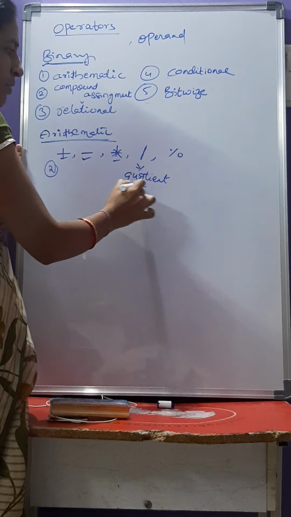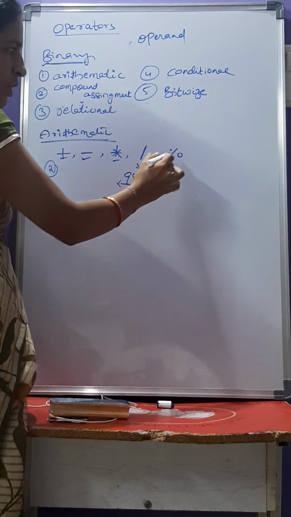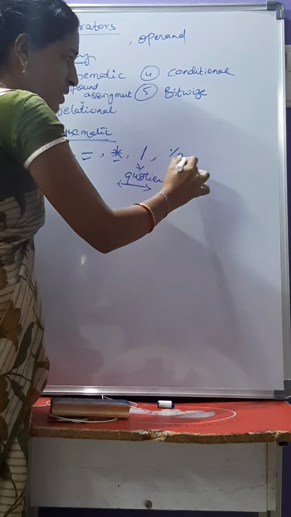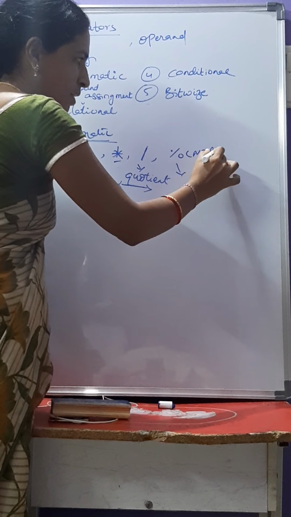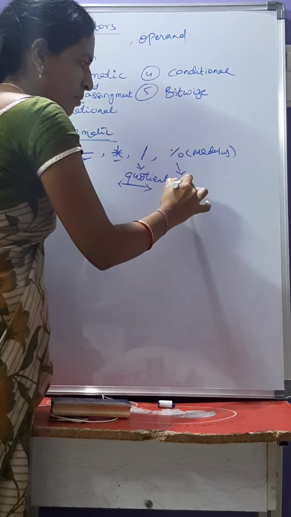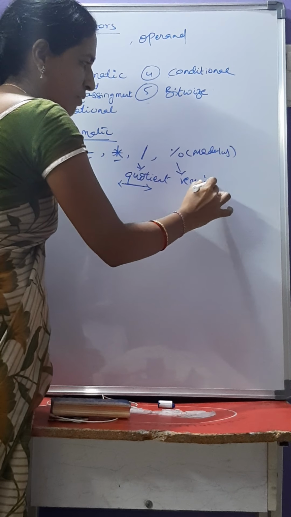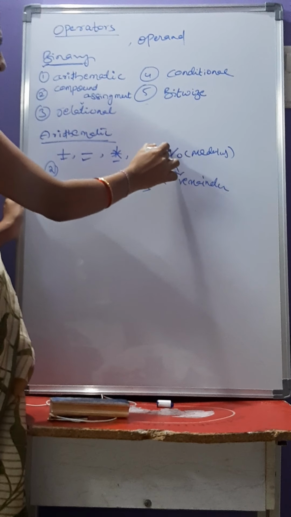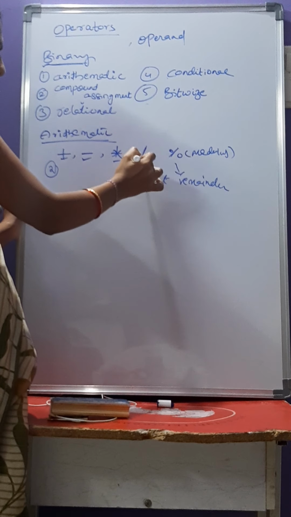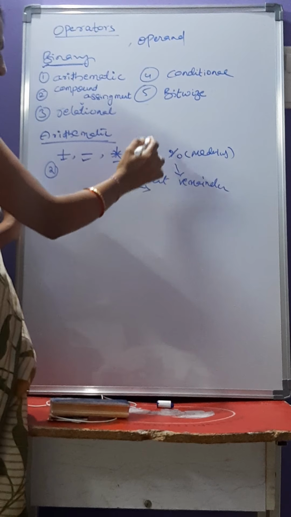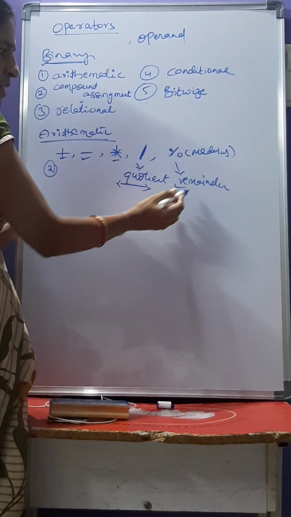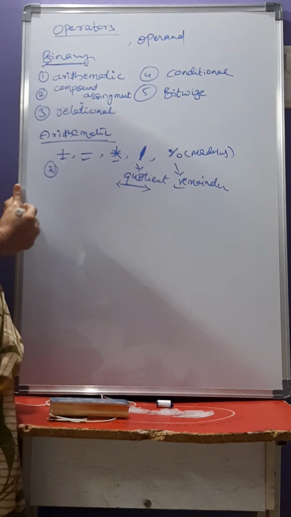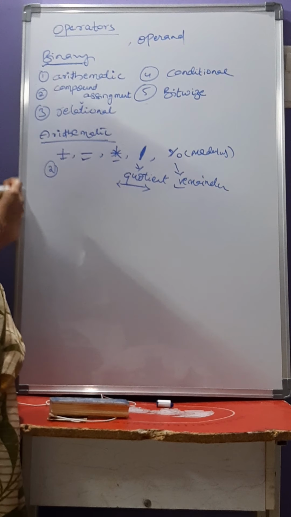The percent symbol is the modulo operator, or modulus, and it gives the remainder. Whenever we perform a division, if we use the percent symbol instead of the slash, it gives the remainder only, and if we use the slash, it gives the quotient. So this is about the arithmetic operators.